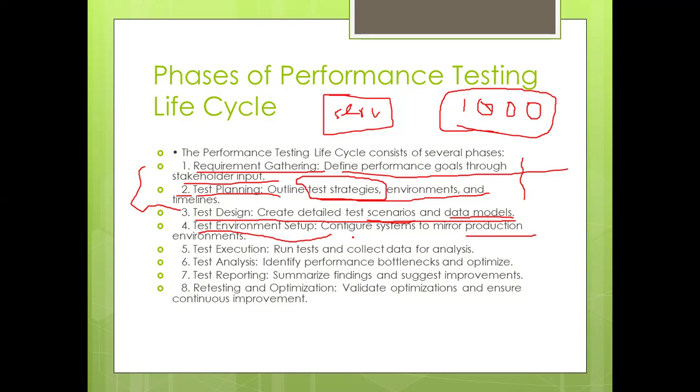Suppose a banking application, like maybe we are opening one banking application that is in production. So we should not do any testing on the production here. Why? Because more than 90% no one will go for performance testing on the production environments.